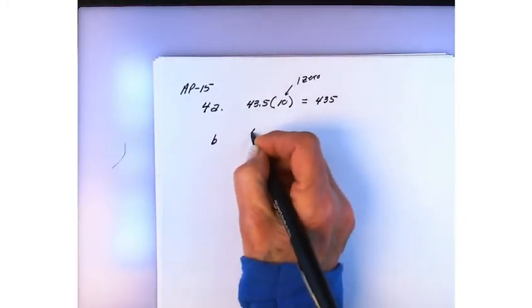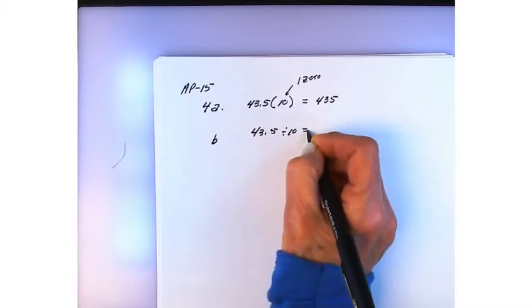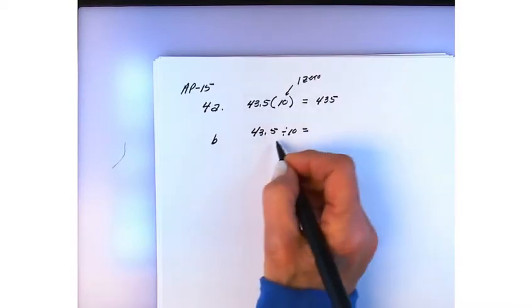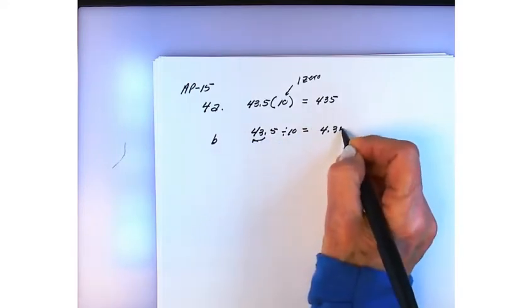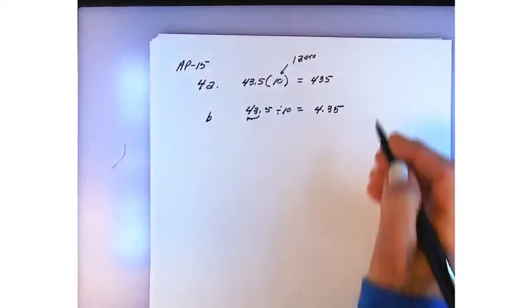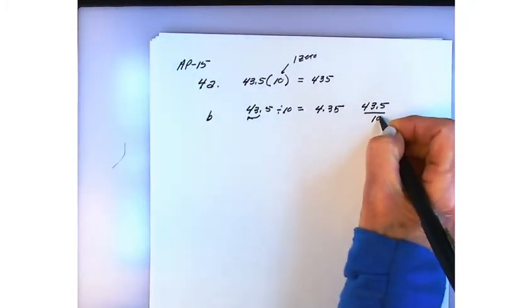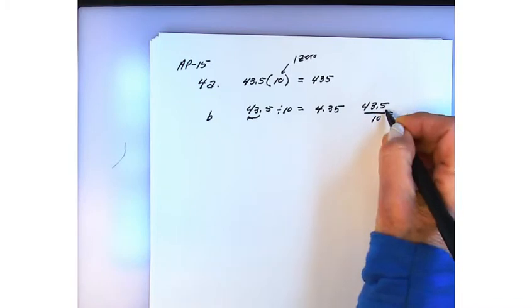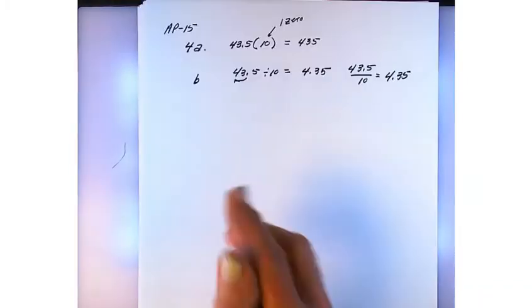Compare that to taking the same number, dividing by 10, which tells me to move it 1 place to the left, and I get 4.35. Maybe if you had written it 43.5 over 10, maybe you like that notation better, and you get 4.35.